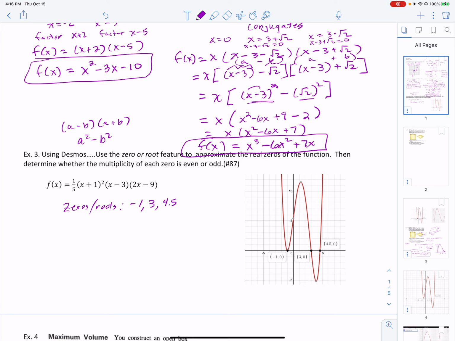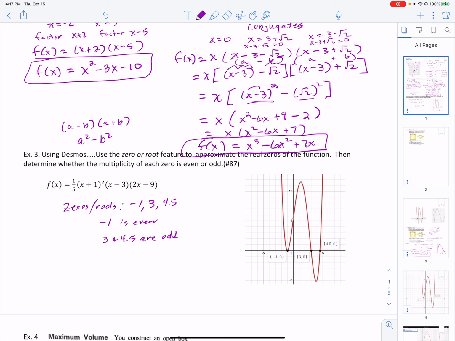Those are the zeros or the roots. And then at -1, the zero is even because we have the bounce. And 3 and 4.5 are odd because the graph passes through at those.